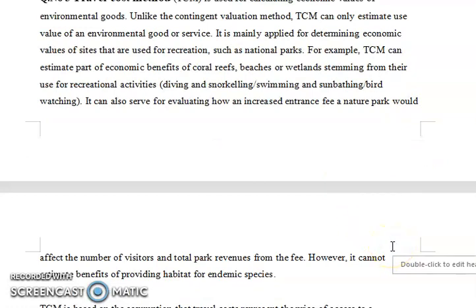However, it cannot estimate the benefits of providing habitat for endemic species. The travel cost method is used to estimate the benefits of these environmental goods. It helps to evaluate how an increased entrance fee for a natural park would affect the number of visitors.